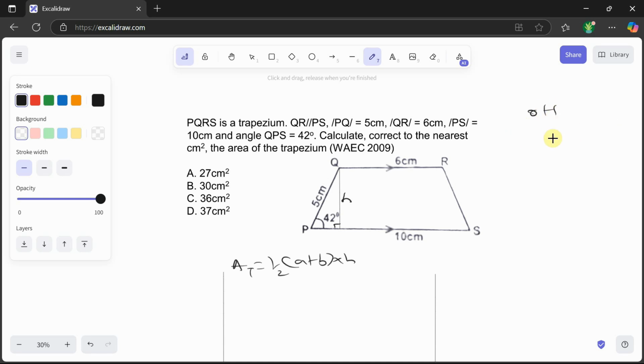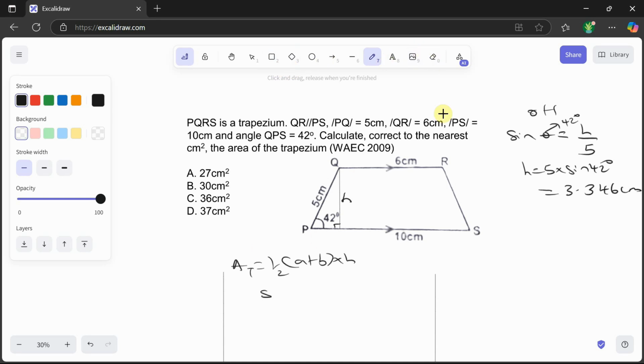So sine theta would just be opposite, which is h, over hypotenuse 5, and theta here is 42 degrees. So h will be equal to 5 times sine 42 degrees. Let's see what that gives us. Our h is 3.346 centimeters.